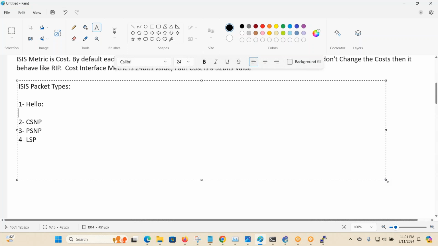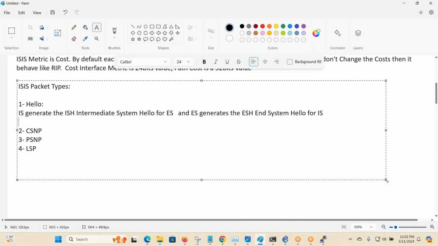So IS is the router. So IS generates the IS, intermediate system, hello for end systems, and an end system generates the end system hello to advertise themselves for intermediate systems.